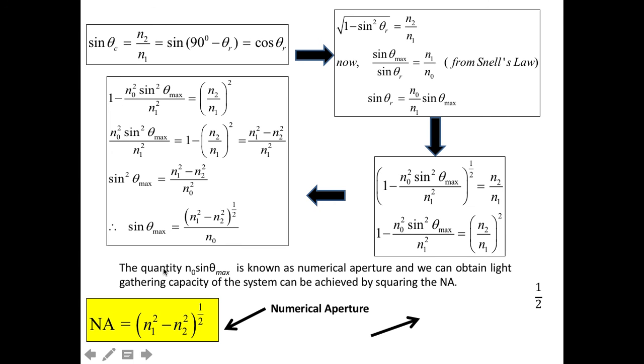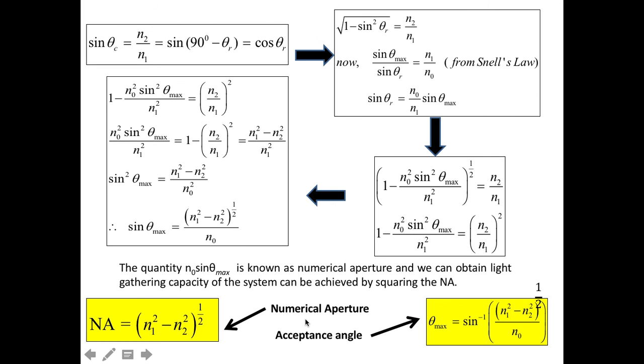This quantity n0 sin theta max is known as the numerical aperture, and the light gathering capacity of the system can be obtained by squaring the numerical aperture. So this is the numerical aperture equation, and from this equation you can also get the acceptance angle theta max equals sin inverse of n1 square minus n2 square raised to 1 half divided by n0.